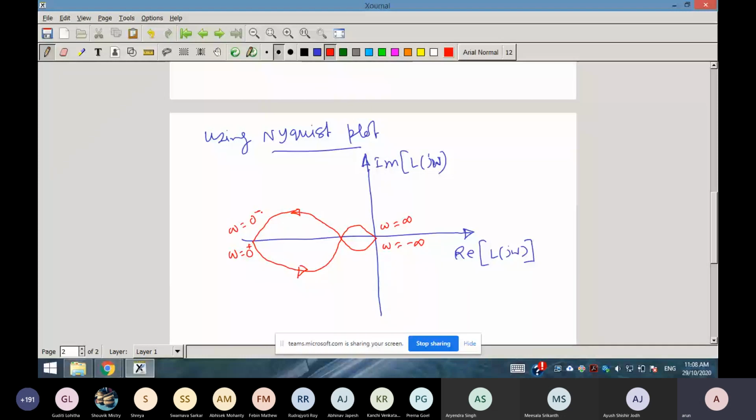Okay, and this point, suppose what is this point? This point will be minus 2 by 3, and this point will be minus 3.